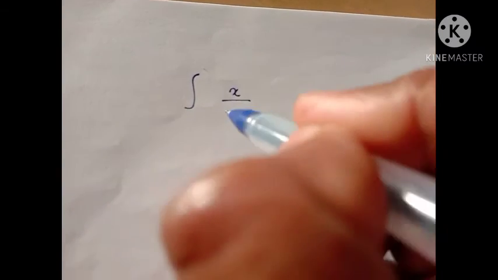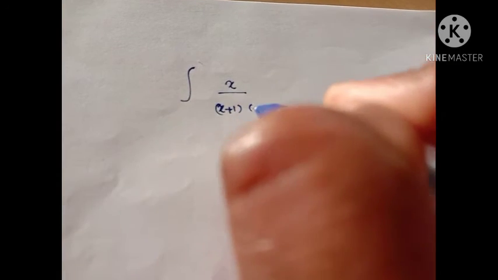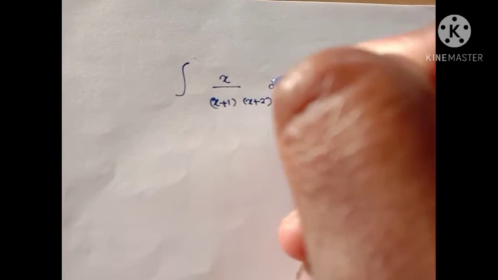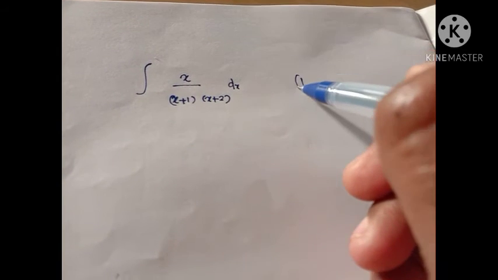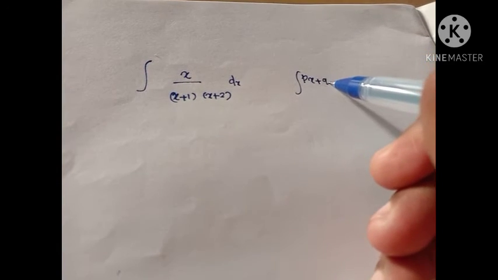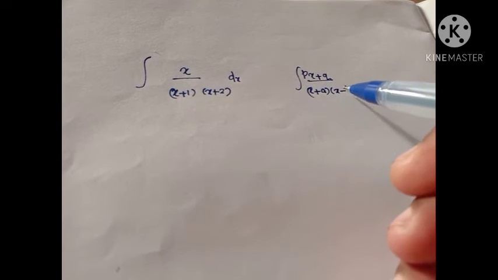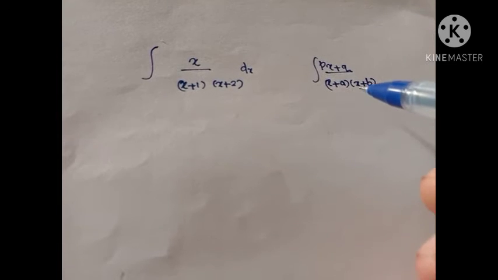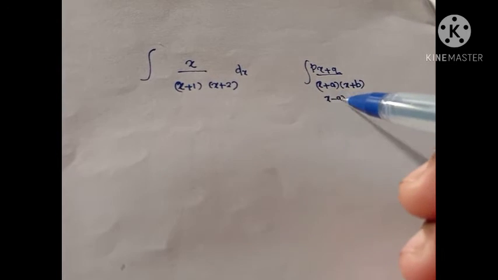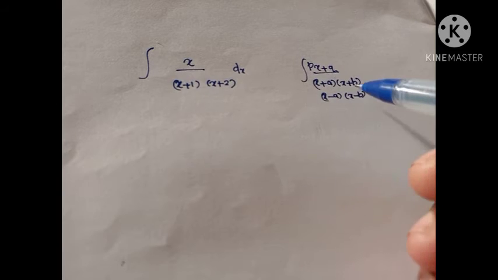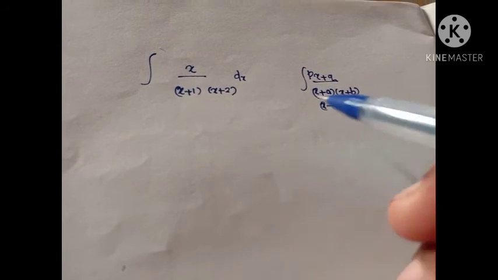Okay, let's see an example. Integral x by x plus 1 into x plus 2 dx. This is of the form integral px plus q divided by x plus a or x minus a, into x plus b or x minus b, no problem, whatever it is, it is of the factor form.